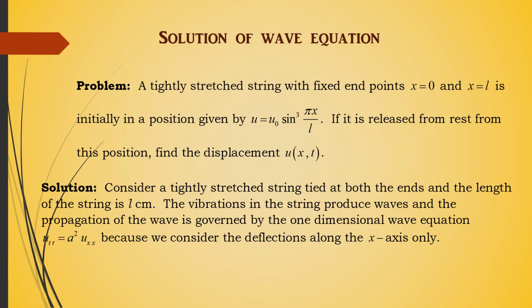In my previous lecture, I have solved the one-dimensional wave equation without considering any conditions by using the method of separation of variables. In this problem, we are going to solve the one-dimensional wave equation again by using the method of separation of variables under some given boundary conditions.